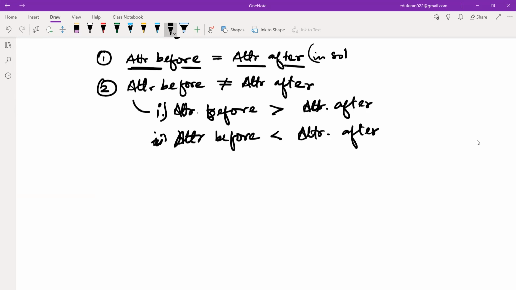Yes or no? Just as they were escaping individually, they will be escaping in the same manner afterward also. Yes or no? Please tell me. Escaping in the sense, when we have liquids, liquids escape, they vaporize.